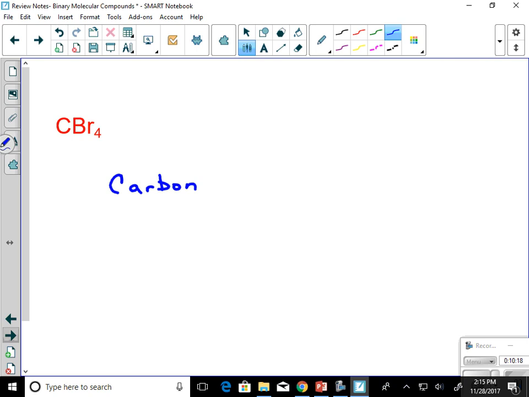What is my second element? Bromine, but I have to IDE it, right? So it would be bromide. And how many bromides do I have? 4 of them. I have tetrabromide. So the correct name for CBr4 is carbon tetrabromide.